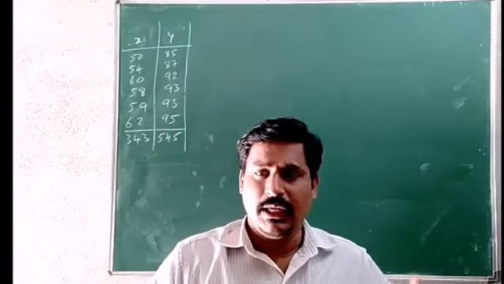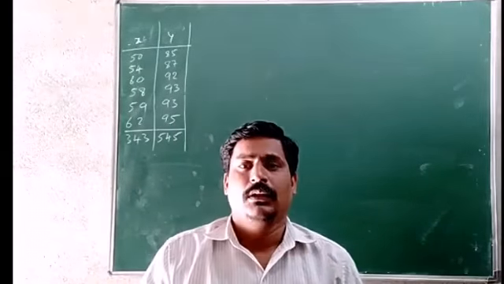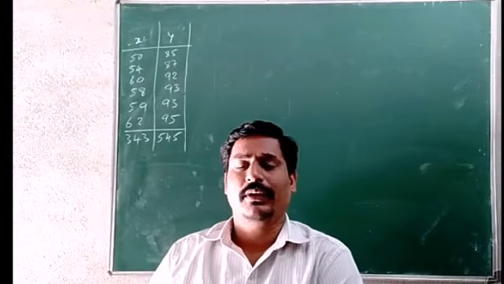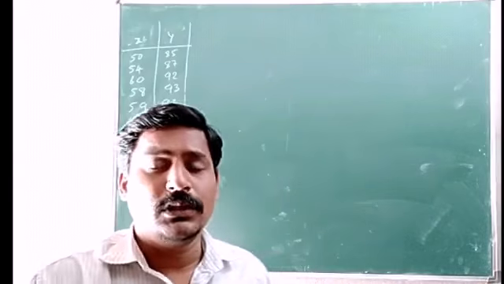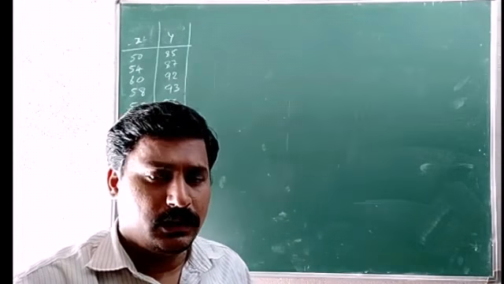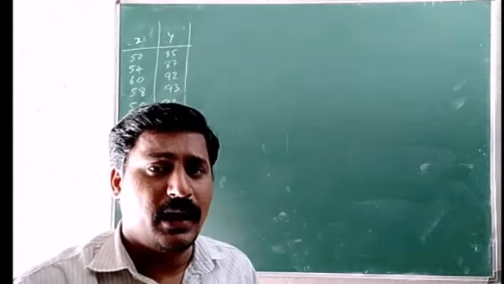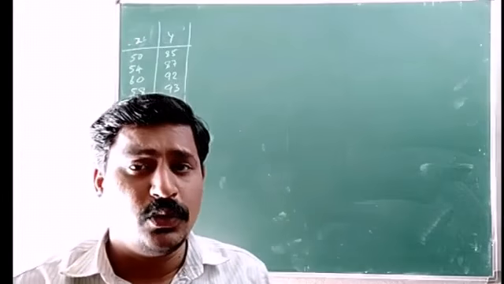Now the same problem, how to reduce the values and calculate. And then here we use the formula after changing the origin and scale, that is by taking u and v.